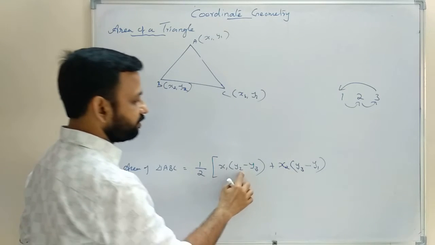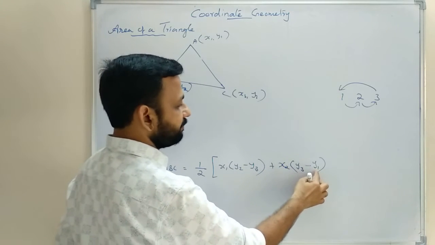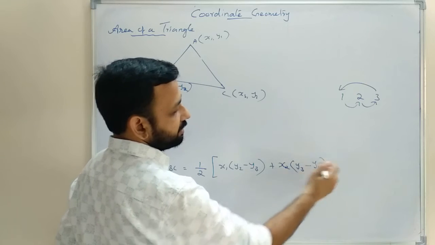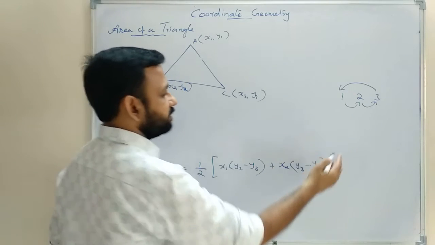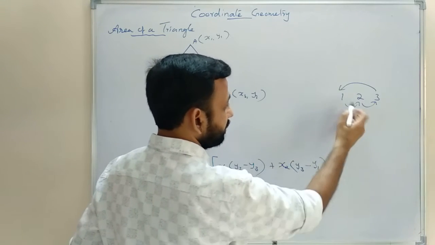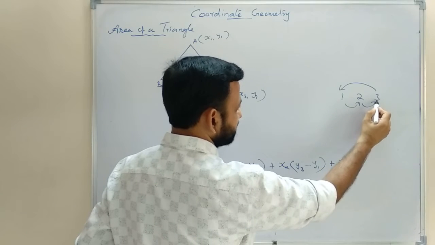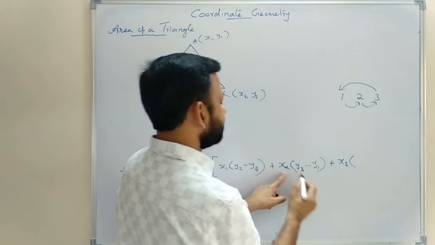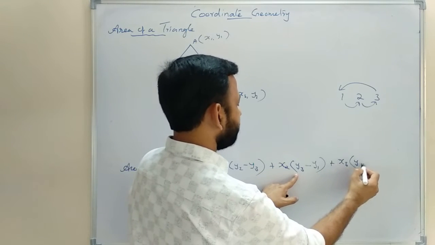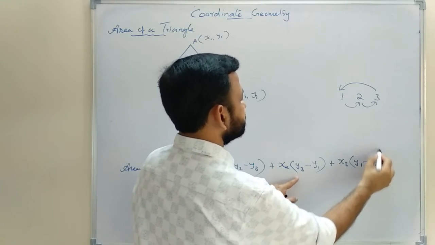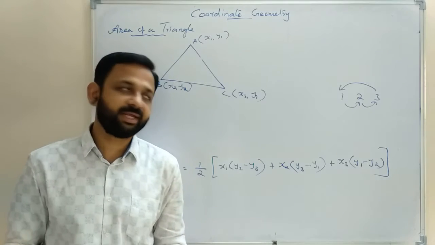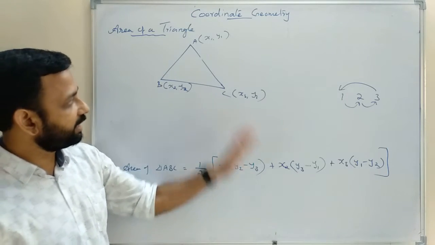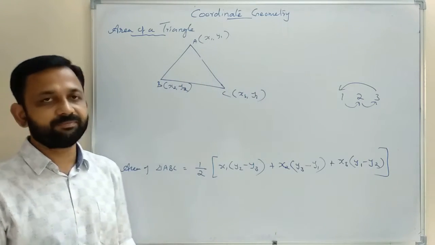Then again 1 becomes 2, 2 becomes 3, 3 becomes 1, so x3, then y1 minus y2. So this is the formula for finding the area of the triangle if all the 3 vertices are given.